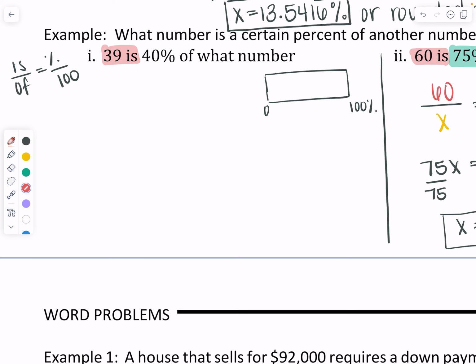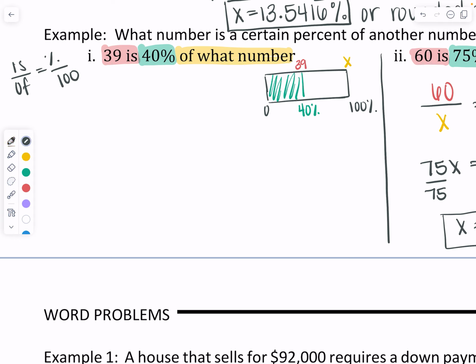And then 40% of what number? So my percent, 40%, that's not quite to 50. So I'm not quite halfway. And then 39 corresponds with the part, the "is", of what number? I don't know, so I can call that X.